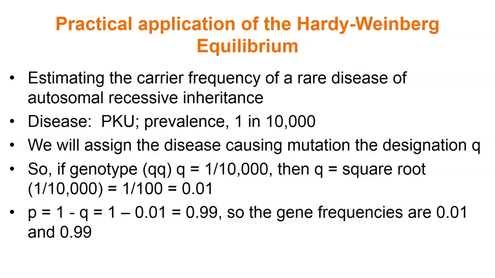So we know the incidence of the disease, and the incidence of the disease is also the incidence of people who have 2 mutated copies. So it's 1 in 10,000. Because QQ is Q squared, you can take the square root and figure out the incidence of Q. So the incidence of Q is 0.01, or we could also say it's 1 over 100, since the square root of 10,000 is 100.